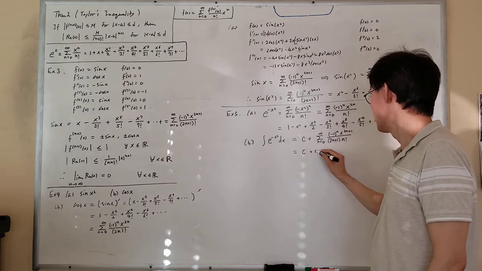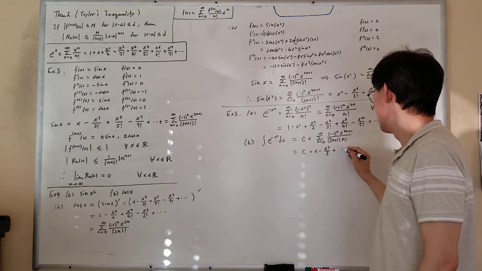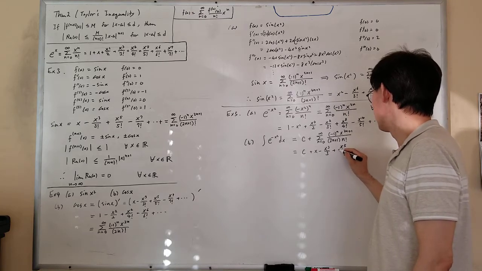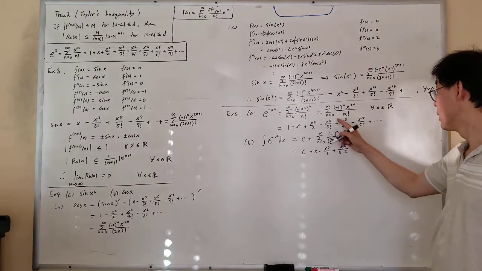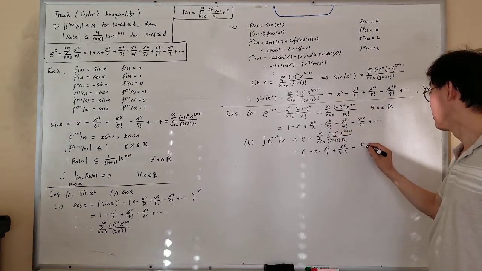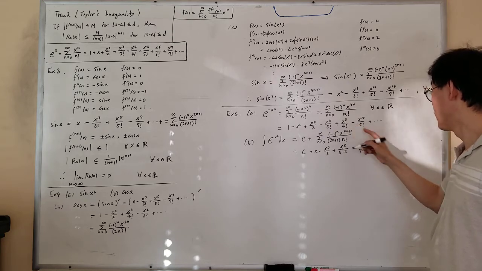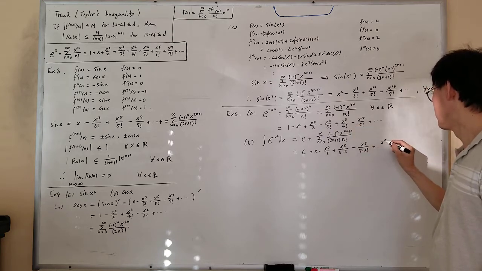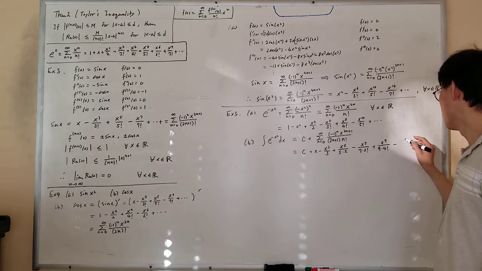And if you want, you can rewrite it. Integrate: x minus x to the 3rd over 3, plus x to the 5th over 5 times 2, and I'm going to just keep it, then the 7th, the 9th, the 11th.